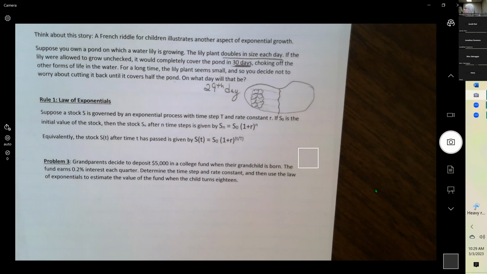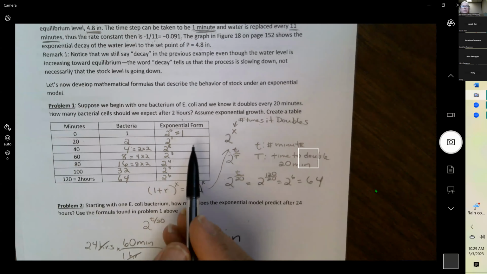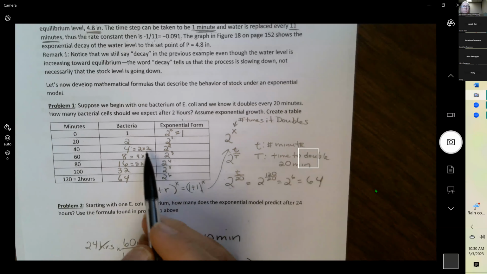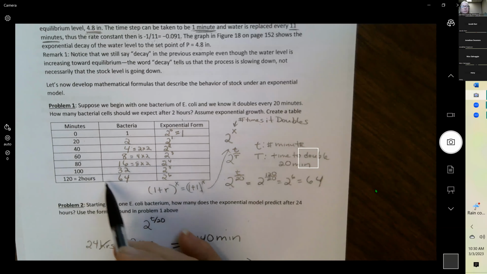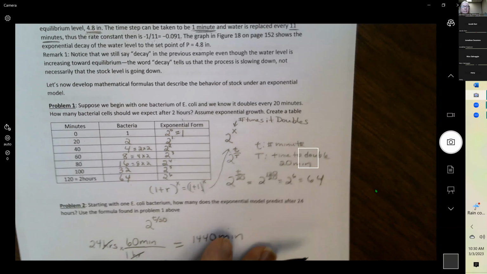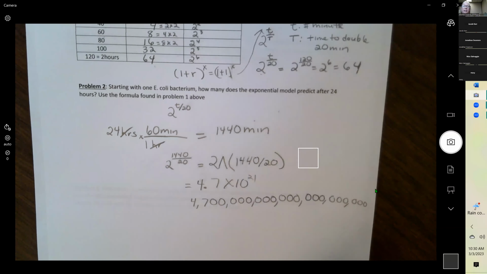Just like the chart we were looking at, it was 2 and then 4, then 8, then 16. So in 2 hours there was only 64, whereas in one day there was 4.7 times 10 to the 21. And so that little doubling all of a sudden jumps. Any questions on that?